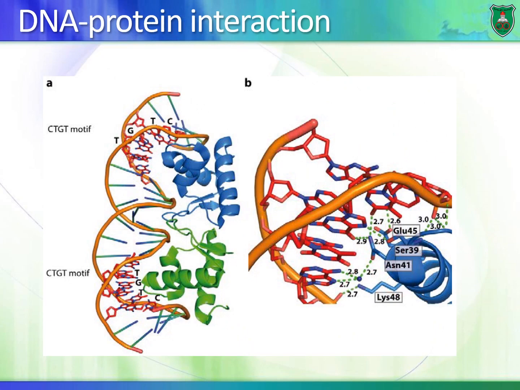Now, this is like a zoom into how interaction really takes place. One thing that I should have mentioned is that, as I said, the bases are exposed, even though they are oriented inward, some groups of the bases are exposed for the amino acids of the protein to interact with them.